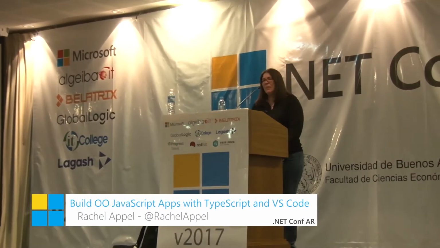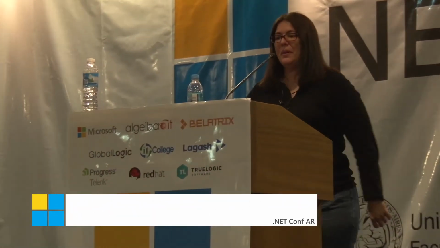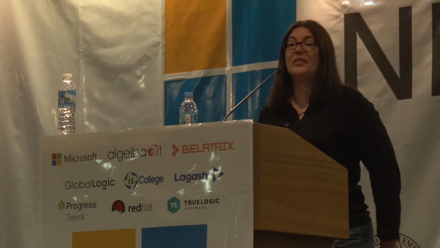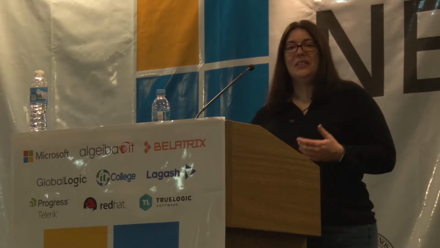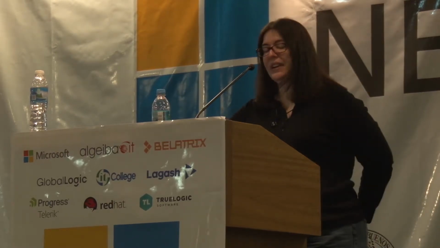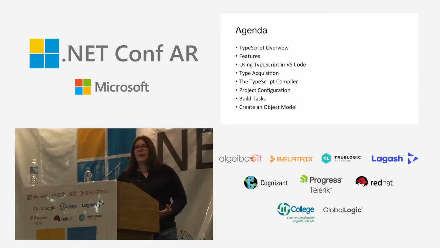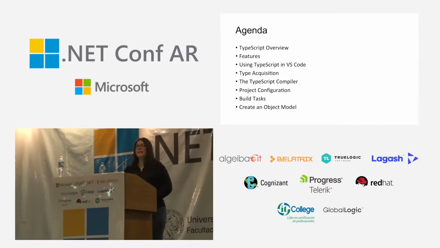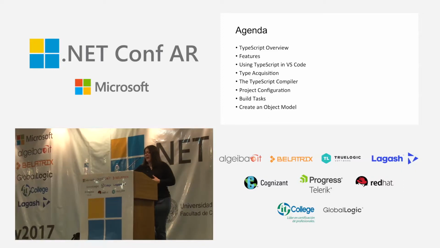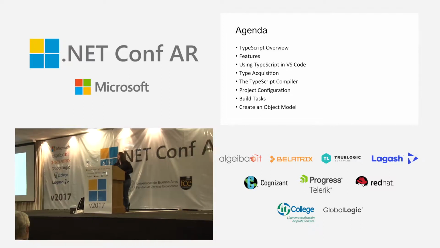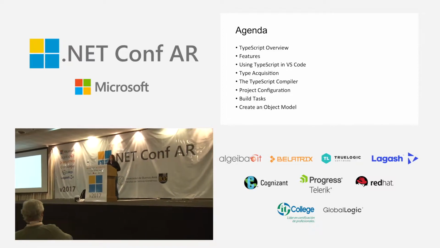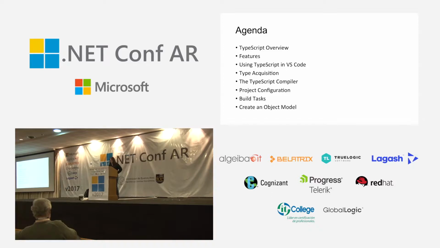Welcome to writing object-oriented JavaScript with TypeScript, and I'll do it in VS Code. I'm Rachel. Today we will look at TypeScript as a language, the TypeScript overview, some features, using it with the VS Code editor, a little bit about types themselves, being that it is TypeScript, and then also creating our object model to write object-oriented JavaScript without having to write in JavaScript.